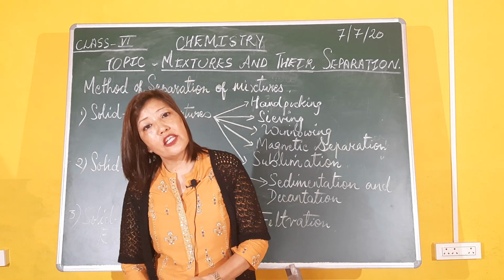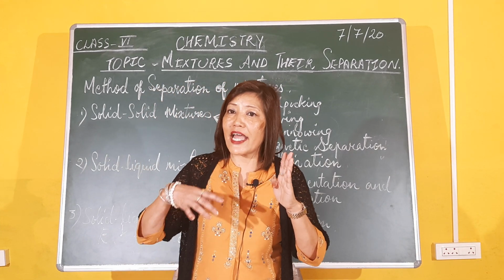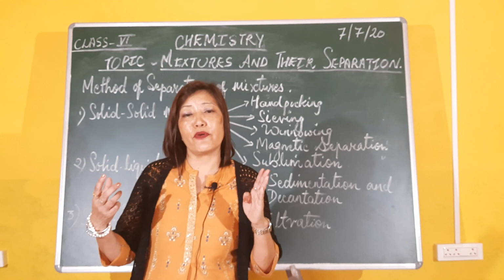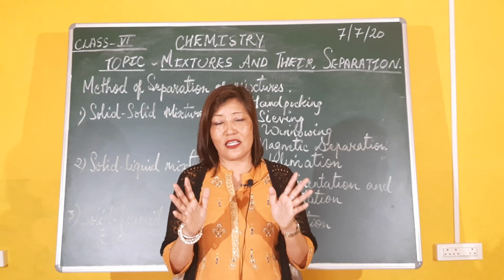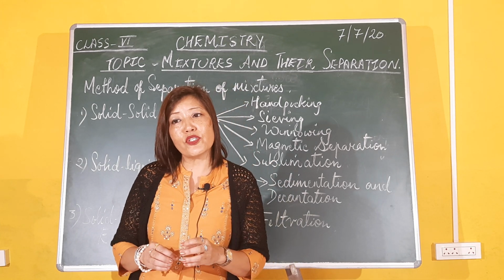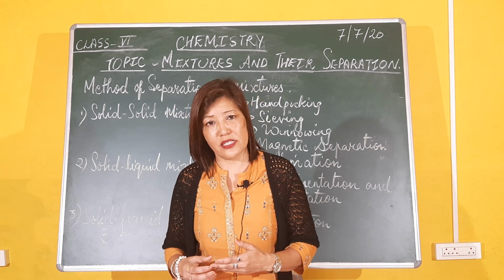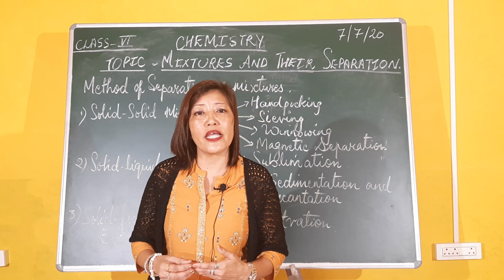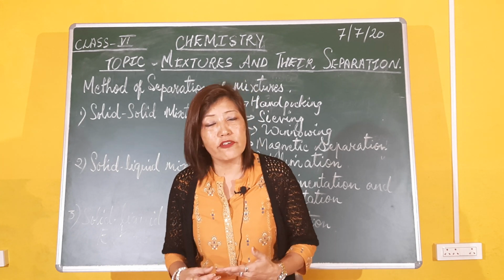Now here in the process of sublimation, the solid will change directly to vapor state without passing through the liquid state. That is the process of sublimation. And this process is also used in the separation of many substances like ammonium chloride, iodine, naphthalene, camphor.